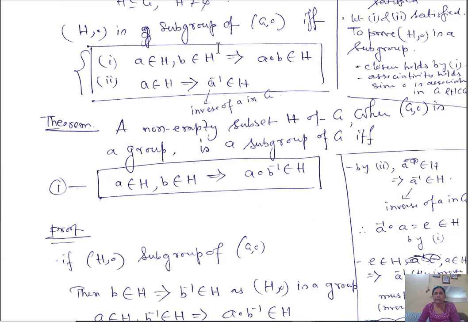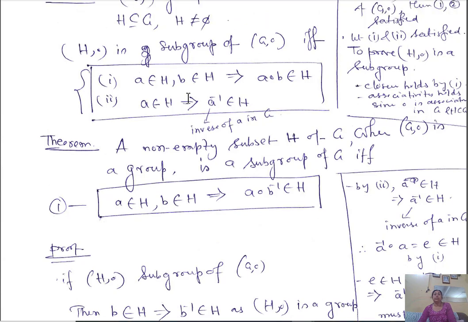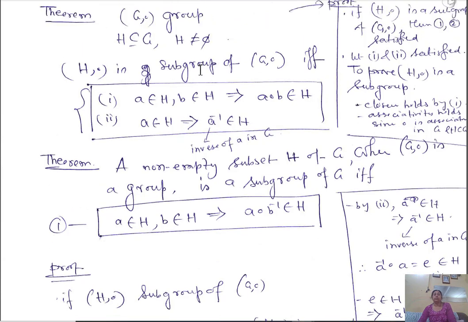So here if you apply this first result, a belongs to H, and by the second, a inverse also belongs to H. Now a belongs to H and a inverse belongs to H implies a ∘ a inverse belongs to H. That means e belongs to H. The identity element is also in H. Okay, therefore this forms a subgroup. These two properties are necessary as well as sufficient for H to be a subgroup of G.